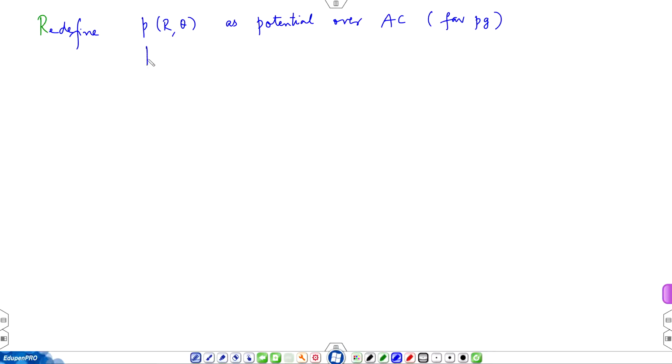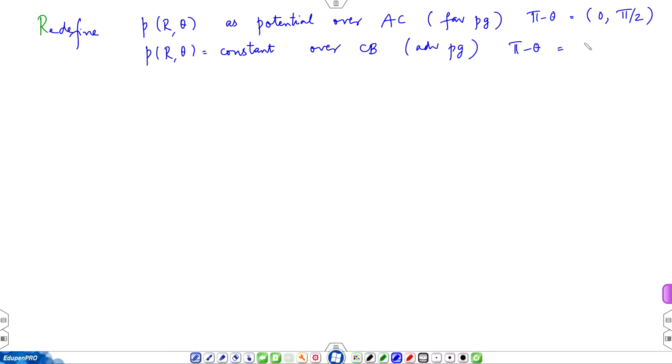And p(r, theta) equal to constant over CB. This is adverse pressure gradient. Okay. So, favorable pressure gradient would be theta from 0 to pi over 2, and adverse pressure gradient is theta equal to pi over 2 to pi.